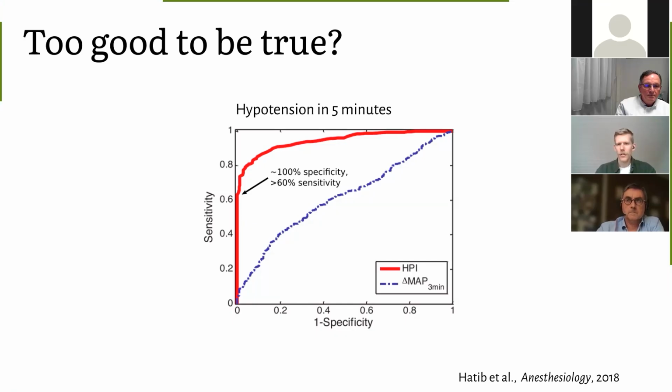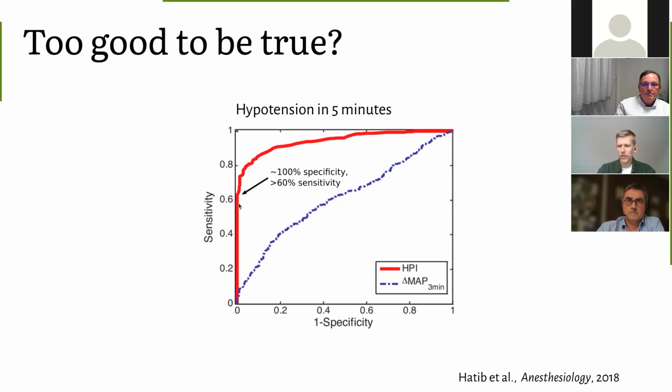So together with my former PhD supervisor, Simon Vistisen, I started looking into how HPI was developed, because the results presented for the algorithm were simply too good to be true. The original article presenting HPI shows this ROC curve for HPI's ability to predict hypotension 5 minutes into the future.